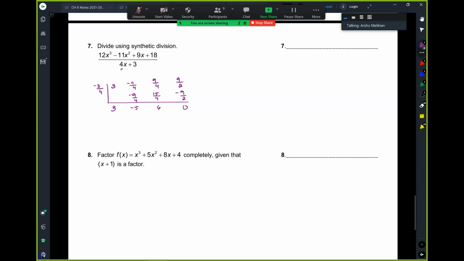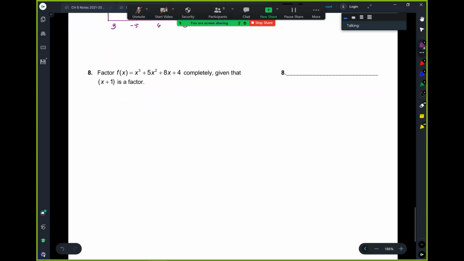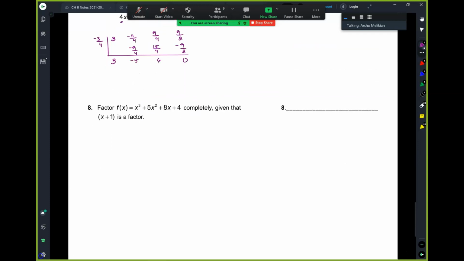So this is going to be 3x squared minus 5x plus 6. Okay. And lastly, we're going to factor this. Given that x plus 1 is a factor, we're going to start by synthetic division with negative 1. 1, 5, 8, 4.